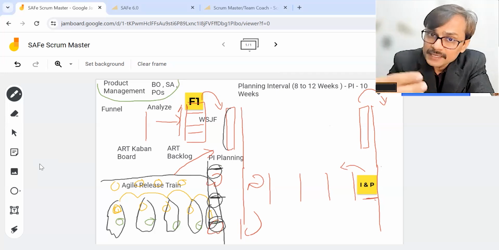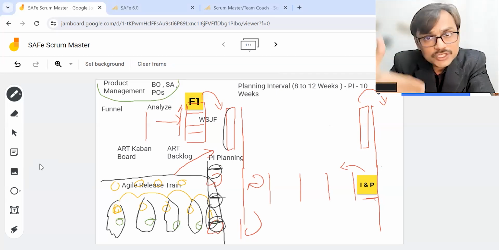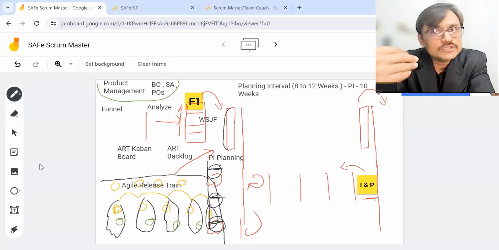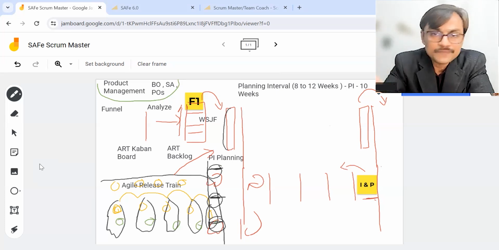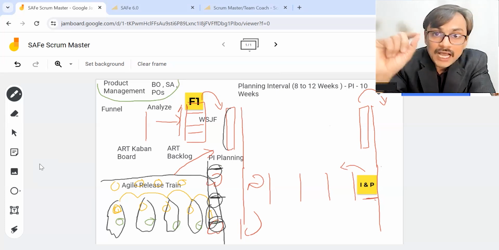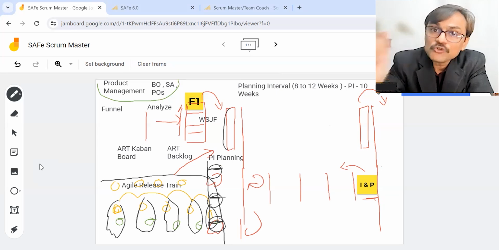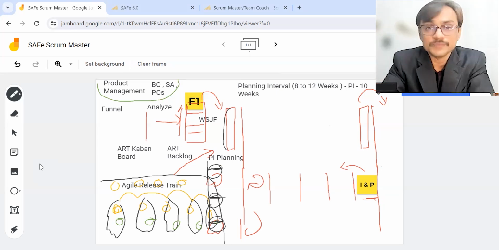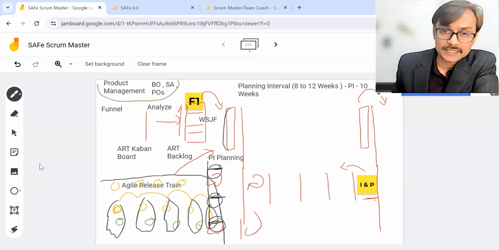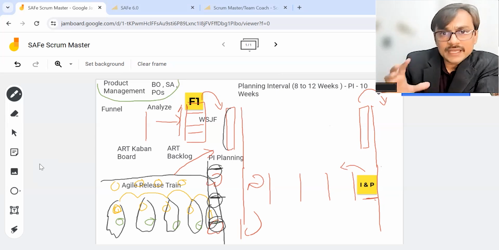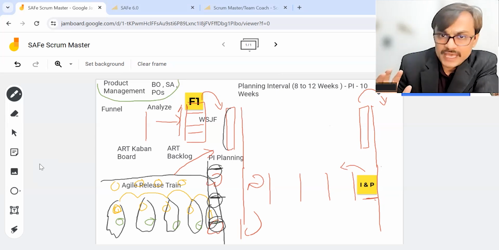And if some dependencies are emerging, I need to ensure we work with other teams to develop an agreement on those dependencies. If I do this job well, I will support the execution of the PI planning meeting, because the PI planning meeting will become more predictable because you will know the things which you are planning there. A lot of dependencies are resolved in advance, and it can increase the overall quality of the PI planning meeting.